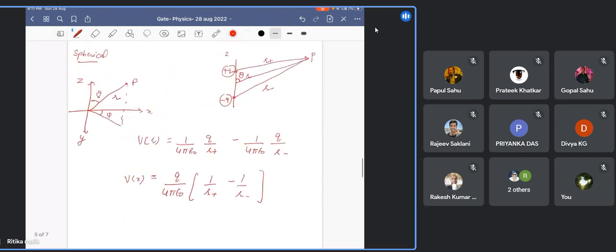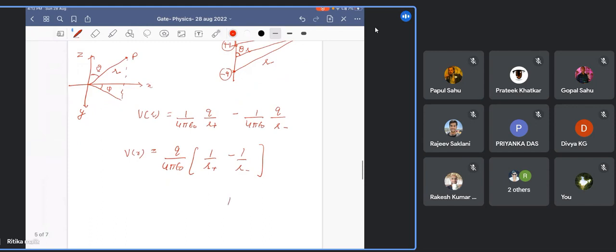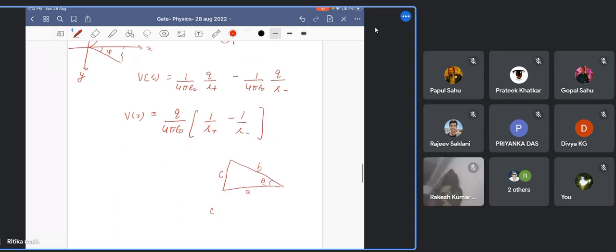So we can use here the Law of cosines, which says that if we have an angle theta, and we know the sides a, b, c, we can always write c square equals a square plus b square minus 2ab cos theta.